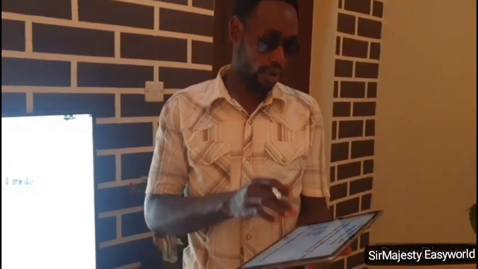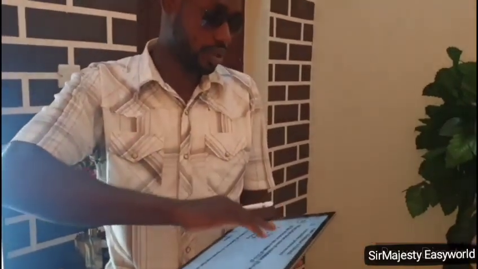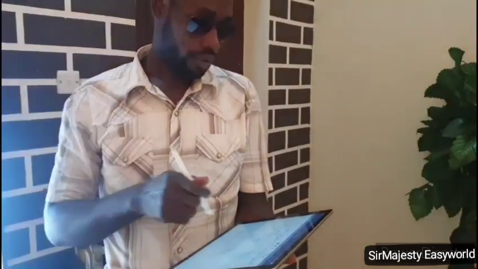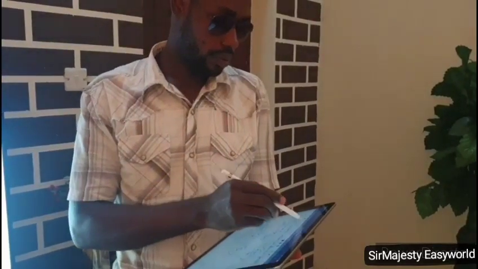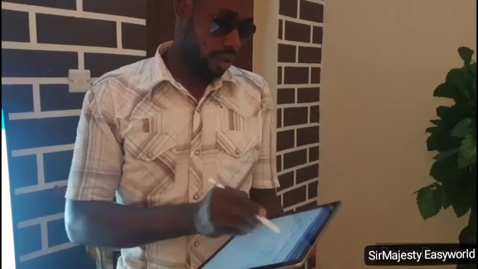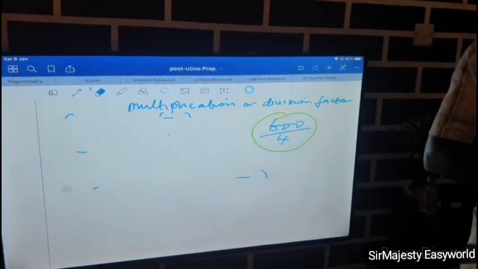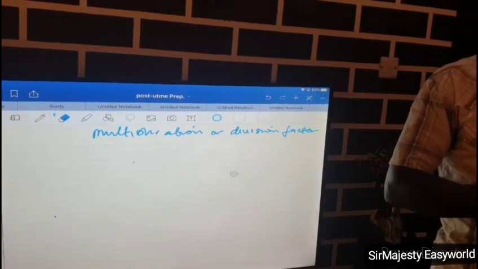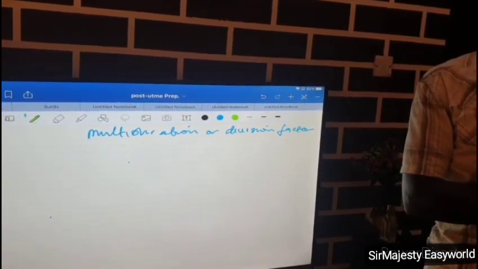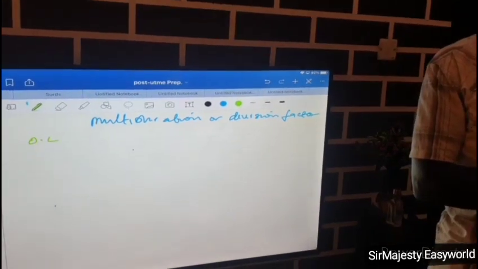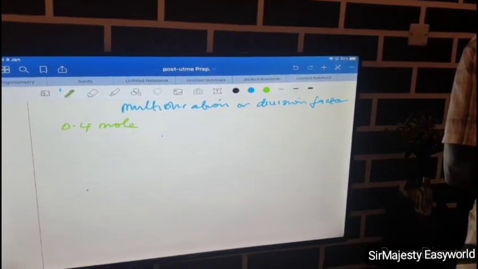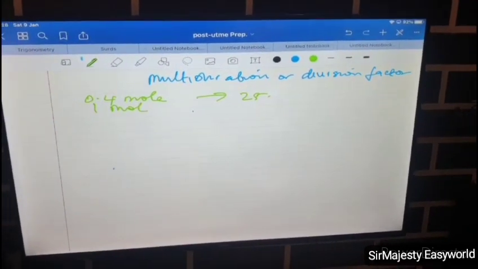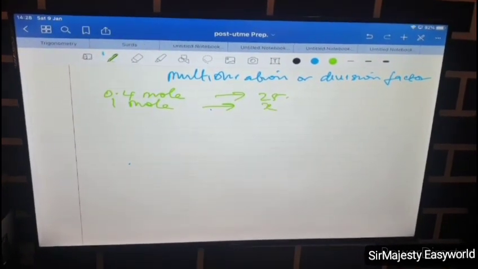Okay, let's go back and solve it the normal way to make you understand this question well. From the question, given that 0.4 moles weighs 25, whatever 1 mole weighs is the molar mass.